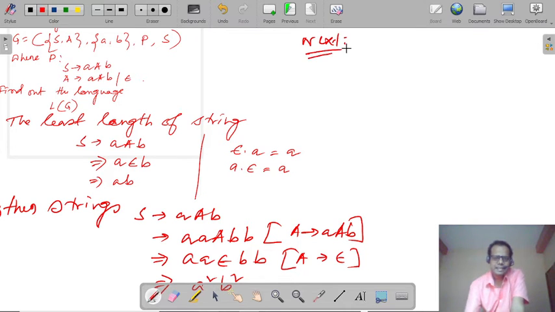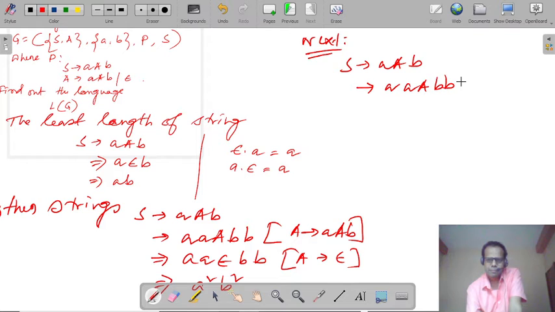What other strings is it possible to generate? S implies a A b. Then a a A b b, where we are using the production A implies a A b.